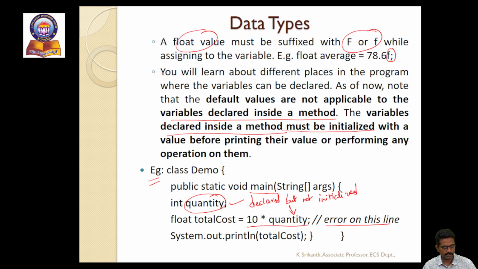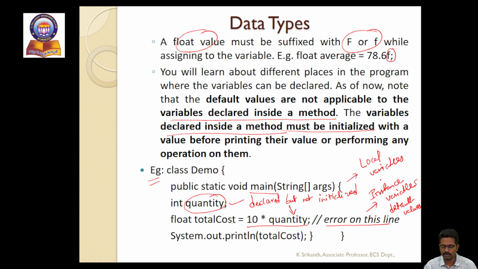Hope it is clear. So what are local variables and what are instance variables? The default values we discussed are applicable to instance variables. Instance variables are nothing but class variables, right?